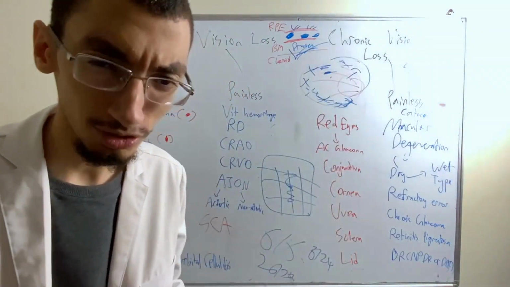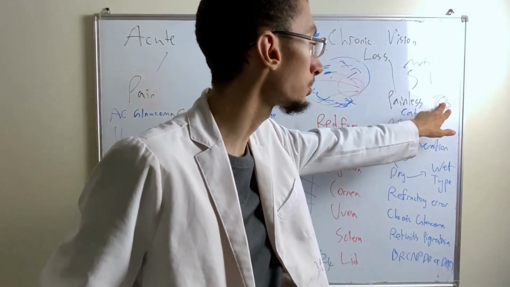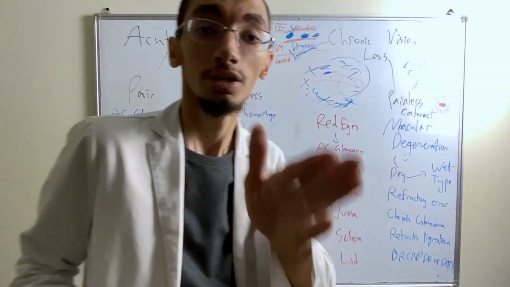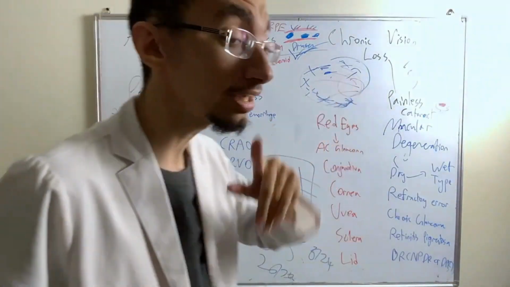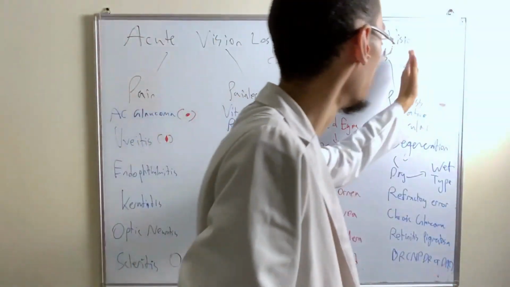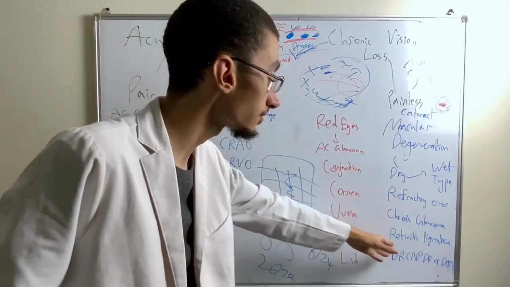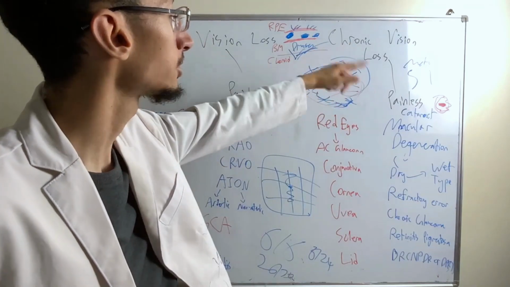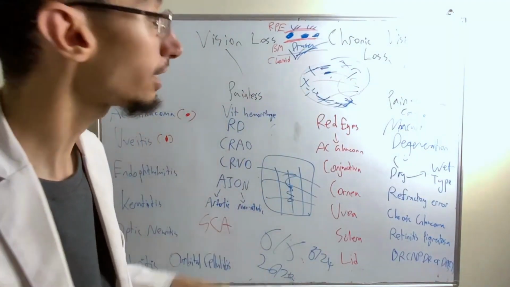But if it affects the central, that will be day vision, especially when you look at cataract. Some cataracts include opacification of the lens at the center. They call it nuclear cataract, and that can affect the day vision, your daylight vision, if there's involvement of the center. And in the case of retinitis pigmentosa, with the periphery of the retina being affected, it will be the night vision. So you'll have night blindness.